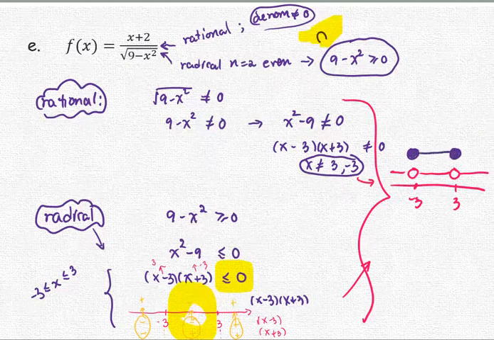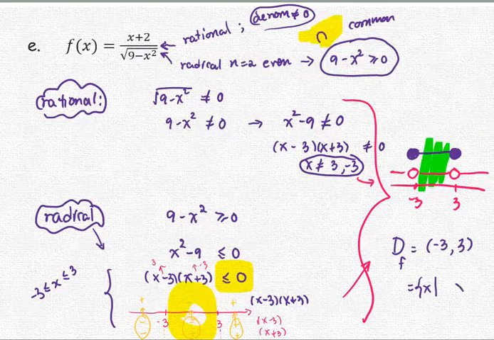Include for the intersection, that means the one in common. For the one in common, we're gonna look at the one that overlapping. Therefore, the domain of this function or df would be the interval from -3 to +3, not including the two ends. Or you can write it as a set builder notation as x, such that x is strictly greater than -3, strictly less than +3 as a result.